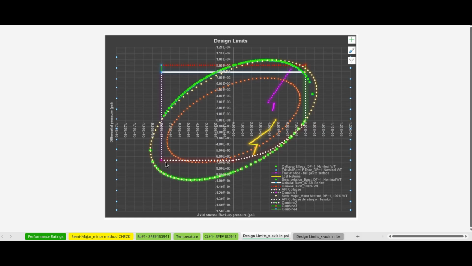Okay, and then your uniaxial collapse, as you see, is plastic, because our number falls into the plastic collapse region. Our casing collapse is 6617 psi. However, as you see, you have the derating of the collapse rating with positive tension.